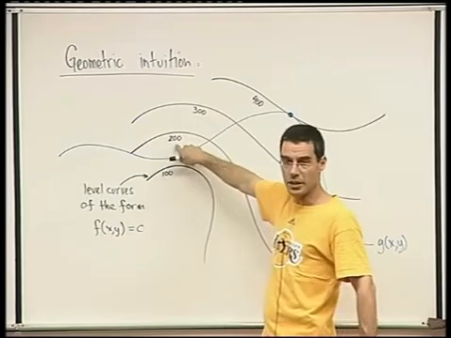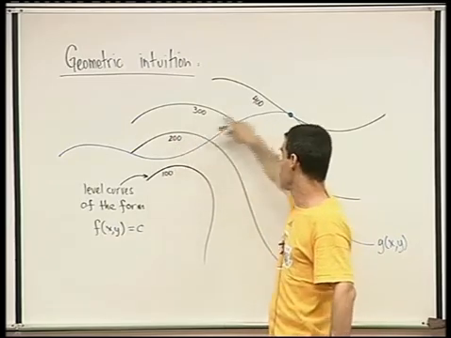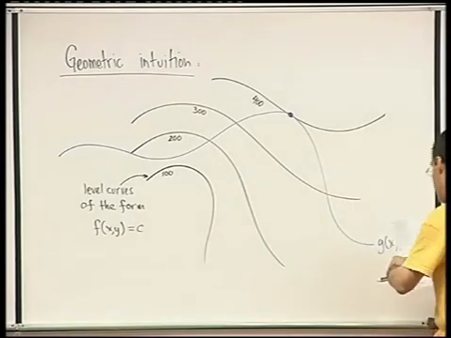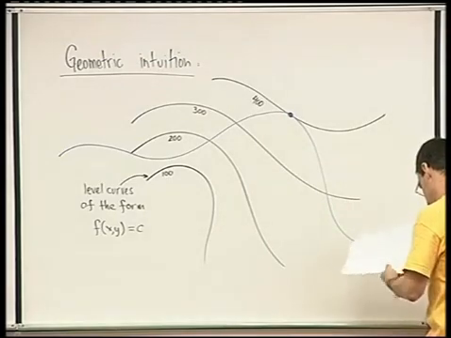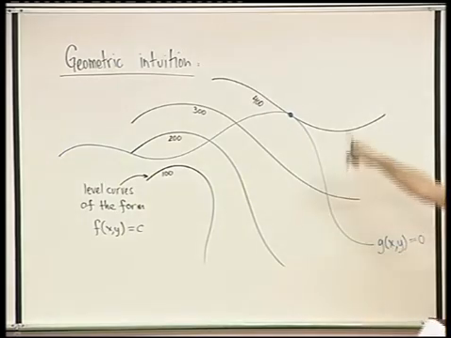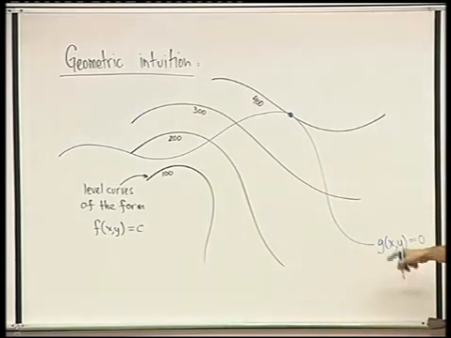All these points satisfy that the elevation is 200, 300, 400, etc. And this blue line is not g(x,y), that was a typo. It's g(x,y) equals 0. That's this curve, right? It's all the points that satisfy g(x,y) equals 0. Do you agree? What do we know about the gradient of a two-variable function?